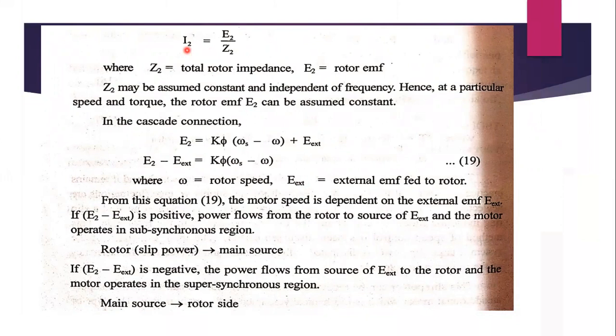The power factor cos phi2 of the rotor circuit may be assumed to be unity or constant. The motor operates under constant torque operation, so the rotor current I2 is also constant.